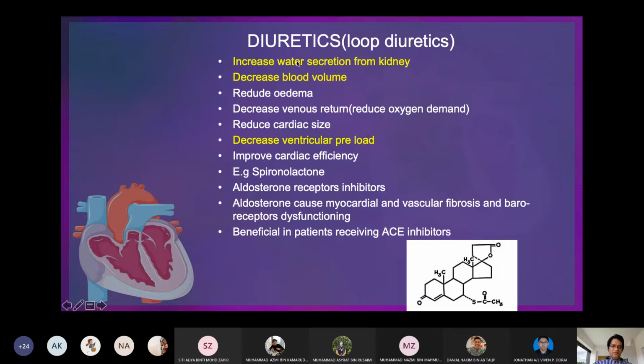Nowadays, after furosemide, the loop diuretics, some people use aldosterone receptor antagonists and others, but the classical mainstream drug for decreasing cardiac workload is still the loop diuretics, or furosemide. So now, have you ever heard about loop diuretics?